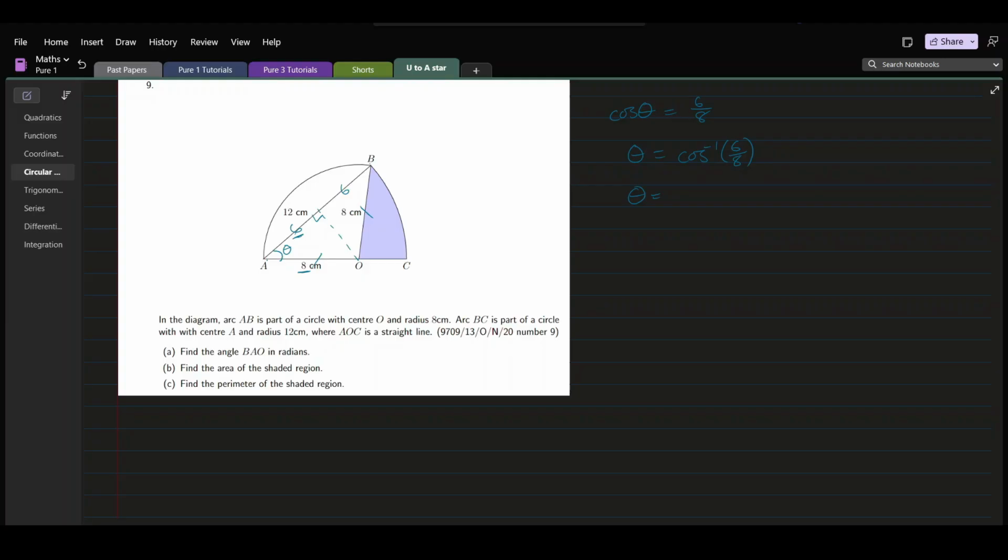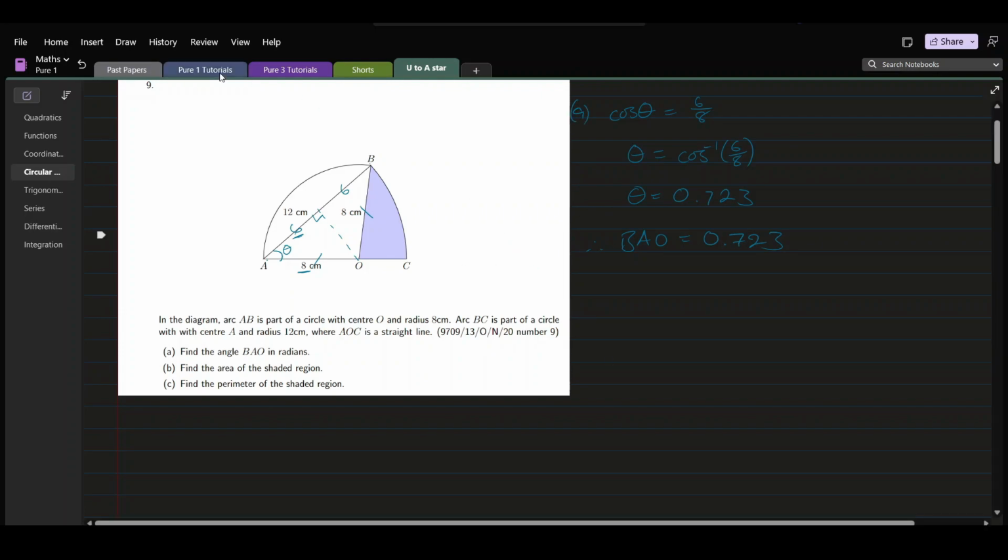So that's arc cos of 6 over 8, and that gives us 0.723, correct to 3 decimal places. So we could conclude that angle BAO is equal to 0.723. This is part A.